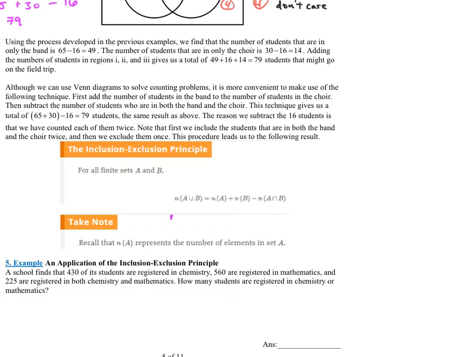So the number in A or B is the number in A plus the number in B minus the number in both, however many are in both. And hopefully you remember that the notation is the cardinality, so we definitely need to use the cardinality right there.